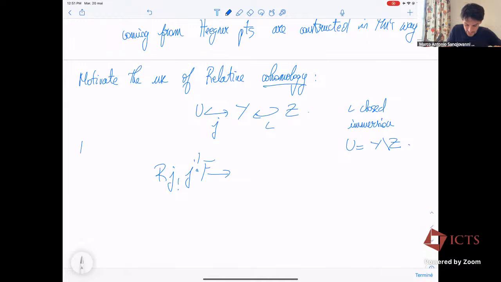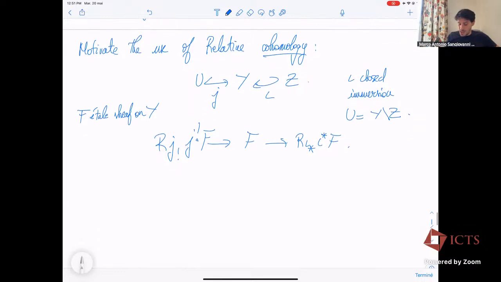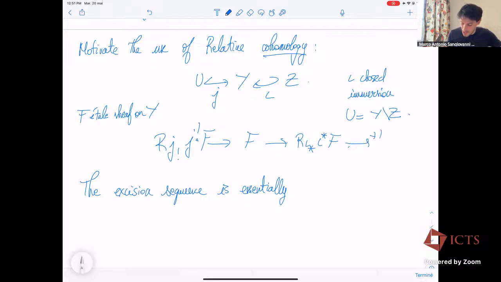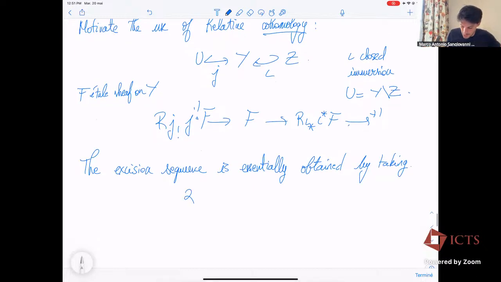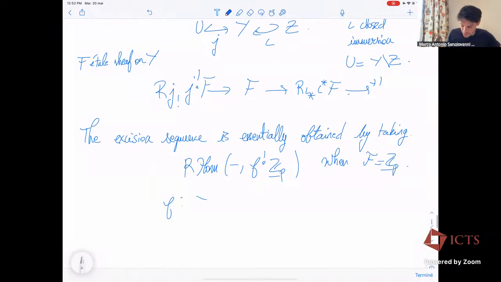So for any étale sheaf F on Y, F goes to R iota star iota pullback of F, and the excision sequence, at least one way to get it, so this goes to +1, is essentially obtained by taking R Hom of f shriek of Z_p, when F is Z_p, and f is just the map from Y to Spec of Q bar.